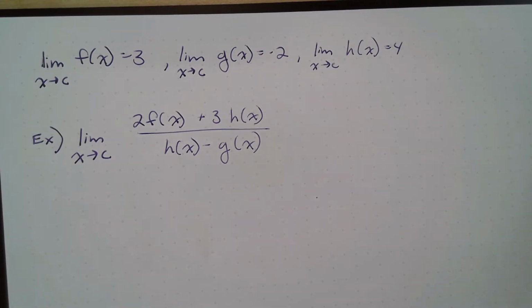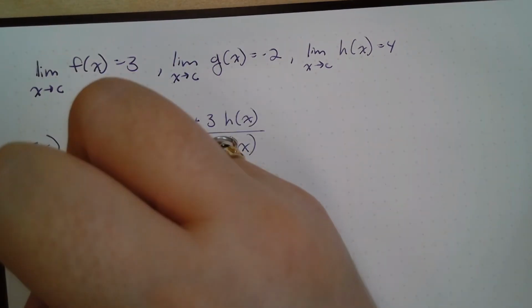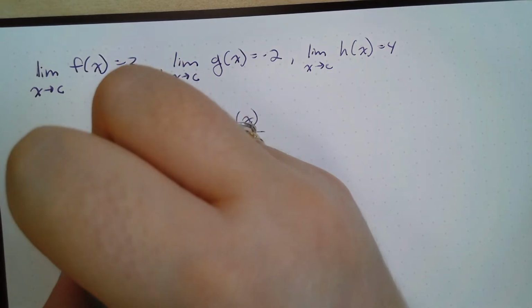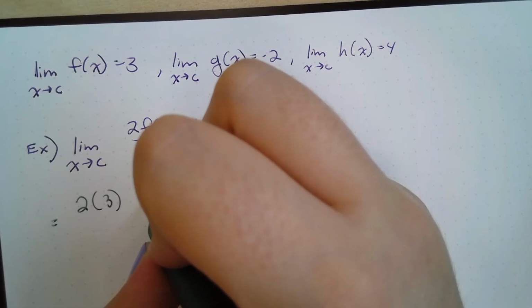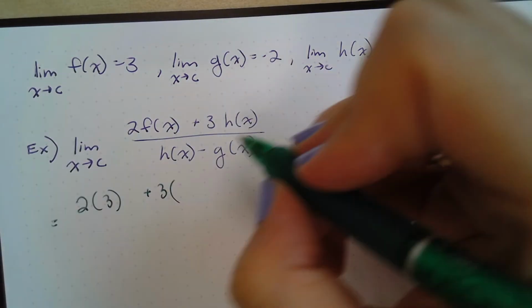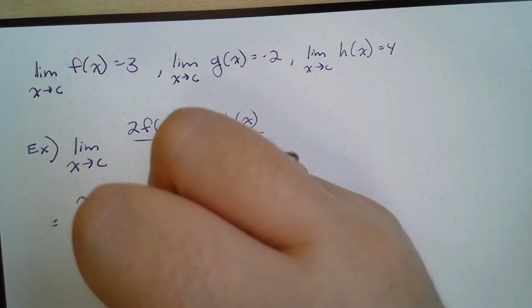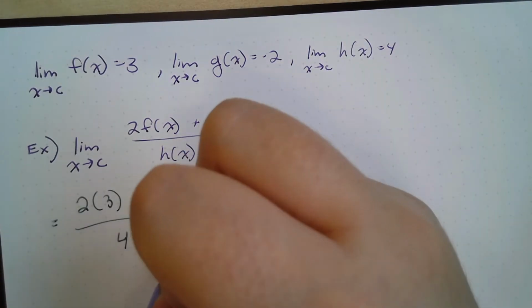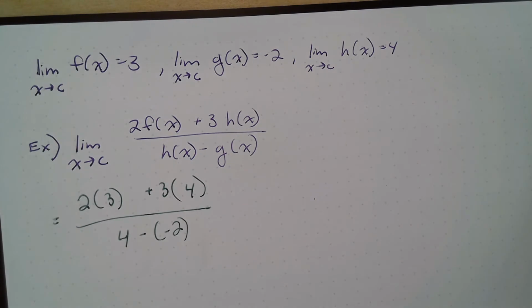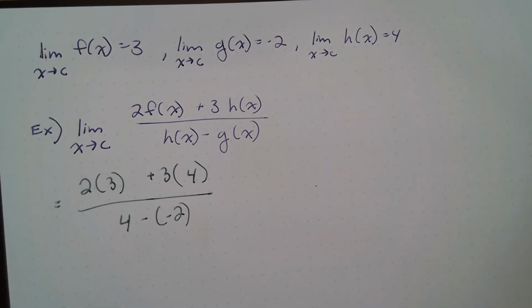Well, we're basically going to do quite a bit of substitution here. So this is going to be equal to 2 times 3 plus 3 times 4 over 4 minus a negative 2. Now, this is where you can see I've kind of skipped a step here and cut some stuff out, but that's okay.